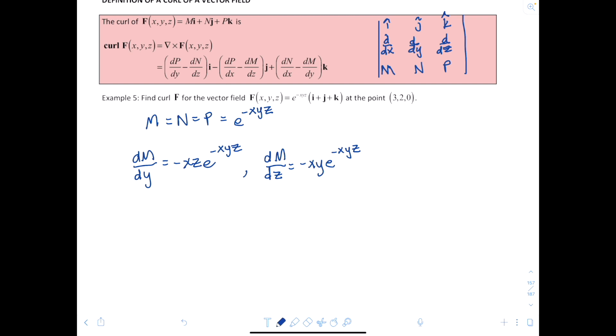And then dN/dx is going to equal negative yz e to the negative xyz. dN/dz will equal negative xy e to the negative xyz.